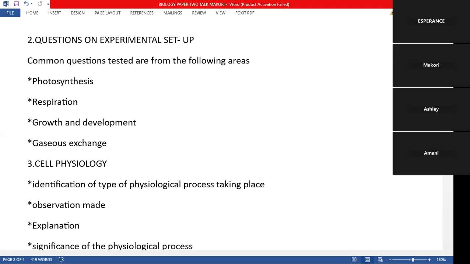Those practical activities are the same ones that are normally tested within the KCSE. So you are supposed to go through those practical activities, and understand what is being investigated and the questions that are involved.